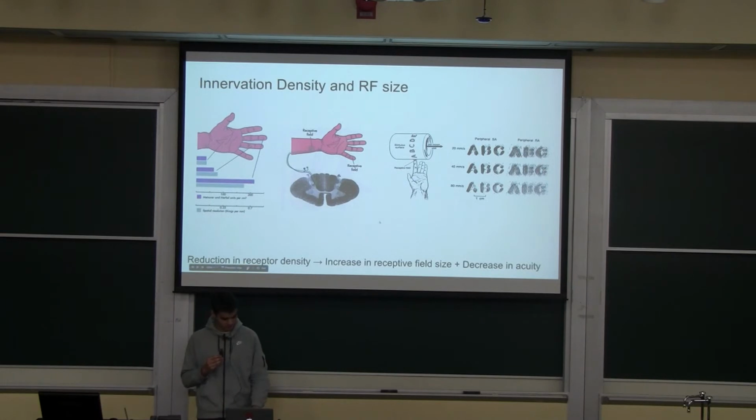This diagram just shows that what it's trying to quantify is the density of Meissner and Merkel cells, with the blue, and the green is the spatial resolution, or the acuity essentially, and basically they're tied together. As you go from the tip of your finger upwards up your arm, you get less receptor density, which means increased receptive field size and decreased spatial resolution.